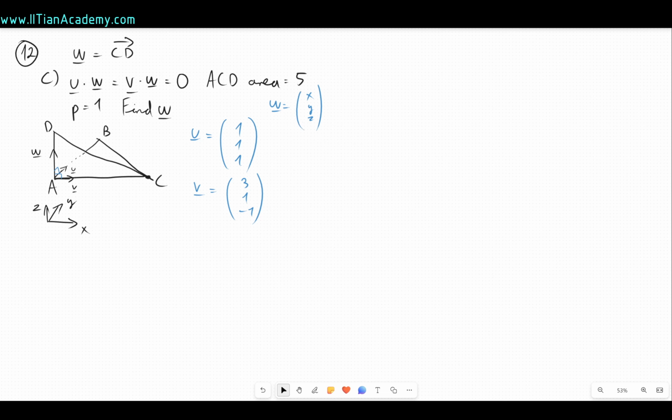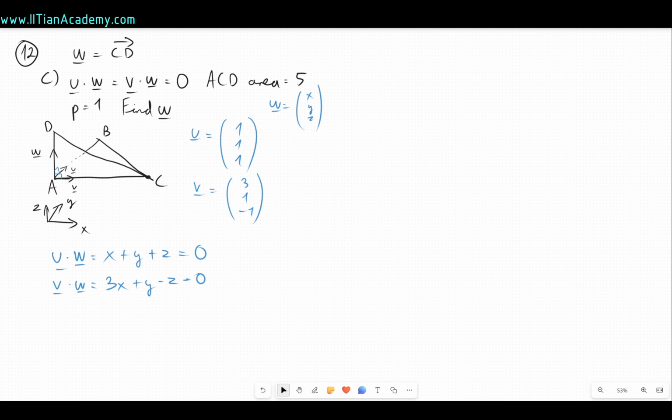So let's write down what the dot products are. U dot W will simply be x plus y plus z is equal to 0. We can also write down V dot W, that will be 3x plus y minus z is equal to 0.